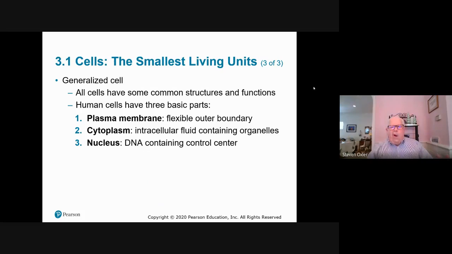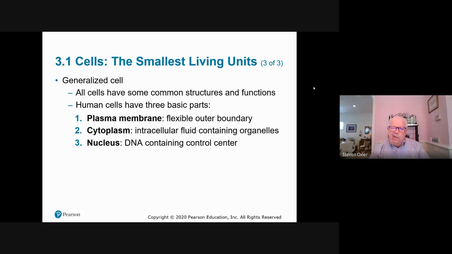So, what are the common structures for every cell? Well, human cells have three basic parts: a plasma membrane, which is the outer boundary, which we're going to talk about today. We're going to focus today's lectures, there are two of them, part A and part B, on the plasma membrane.